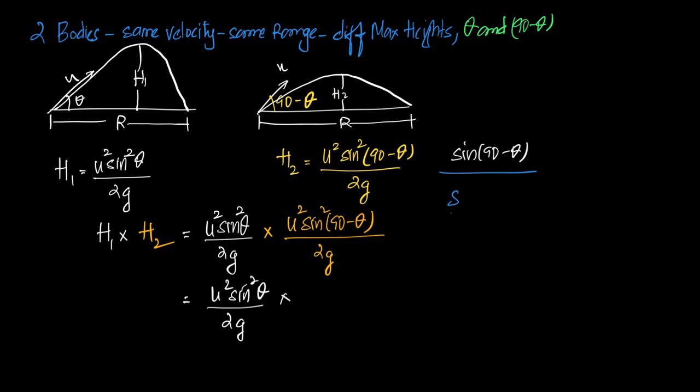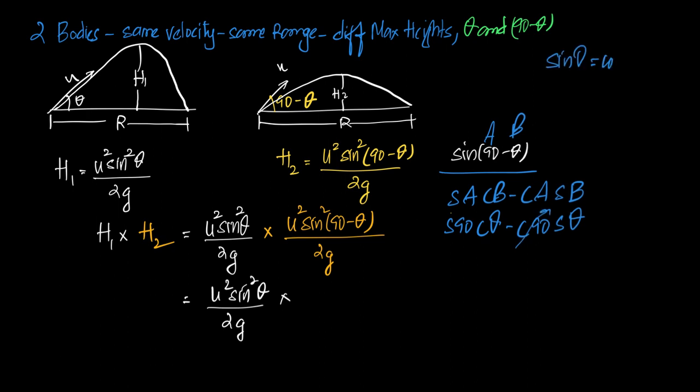Sine A minus B is sine A cos B minus cos A sine B. So what is A here? 90. What is B here? It is theta. So what is sine A? It is sine 90 cos theta minus, second term is cos A, which is cos 90, sine B is sine theta. What is cos 90? See, sine 0 is equal to cos 90 is equal to 0.